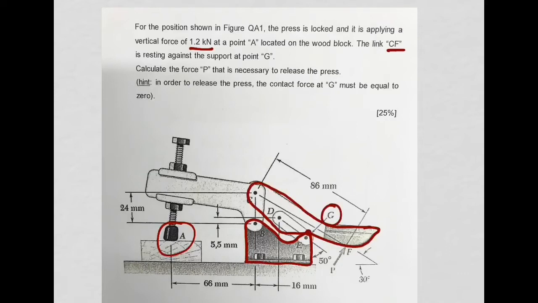So you exert a force there on that link so that it will contact that point G, and then the press will be locked in that position. And in that case, you will have a force of 1.2 kilonewtons applied at point A on this brick made of wood. Okay?